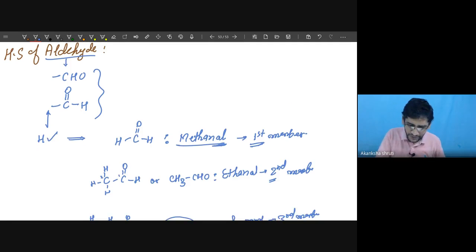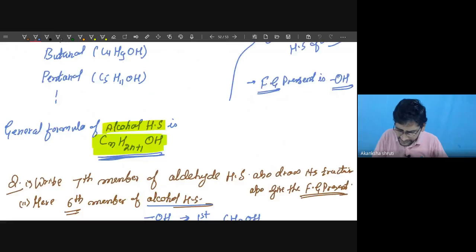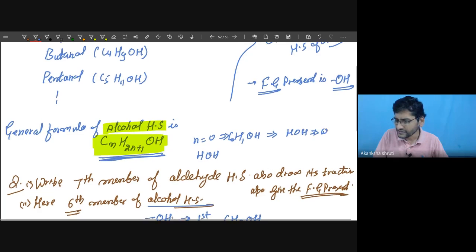But if I compare for the alcohol, can I start this with n equals 0 here? If you are taking n equals 0, then it becomes HOH. Are you getting? Because it is like C0H1OH. It is like HOH. It is nothing but water.